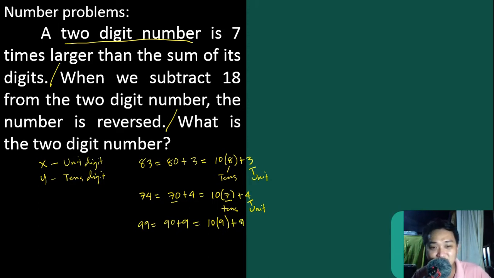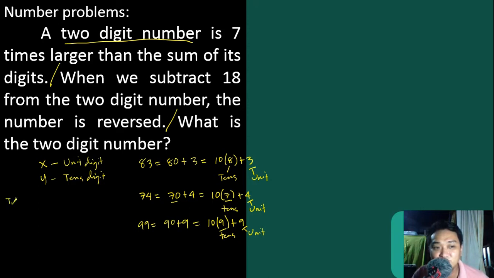So, 10 times 9 plus 9 is 99, wherein 9 here pertains to the unit digit and another 9 here pertains to the tens digit. So, sa makatuwid, paano natin na-express in equation yung 2-digit number?